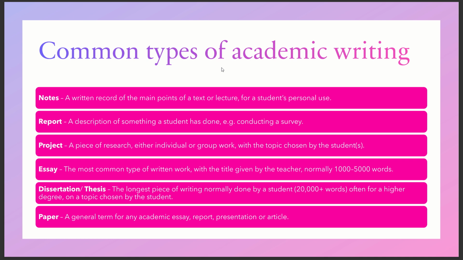What is an essay? An essay is one of the most common types of written work. And mainly the title is given by the teacher or the professor. They're normally between 1,000 words up to 5,000 words.